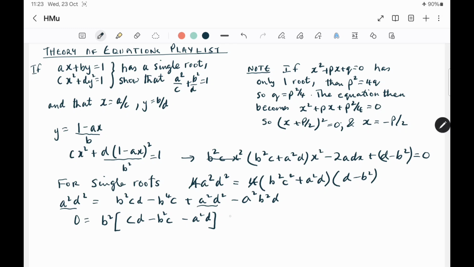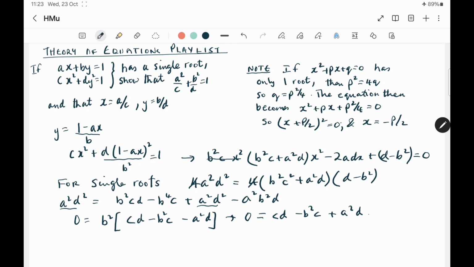That means the term in the square brackets is 0. So 0 equals cd minus b squared c minus a squared d.